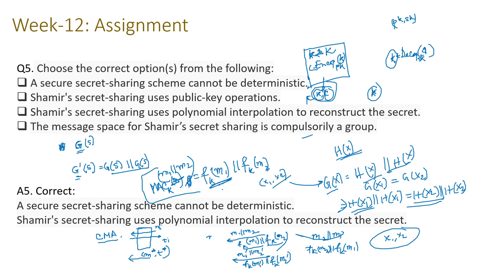We also did see that for achieving authenticated encryption, the encrypt-then-authenticate approach is a valid approach, where you use a secure symmetric key encryption scheme, right? The symmetric key encryption scheme can be just CPA secure, and with that you apply a CMA secure message authentication scheme.